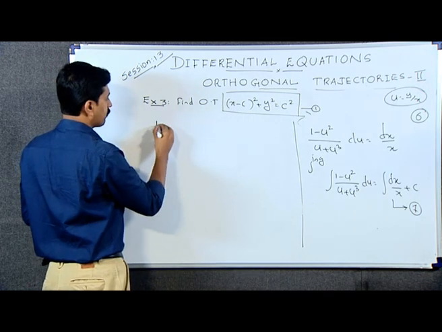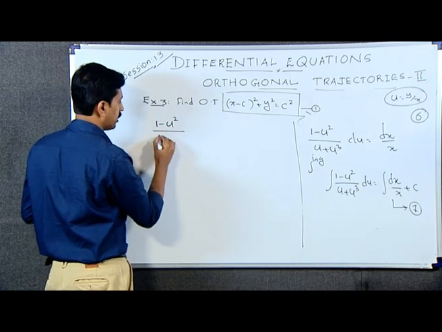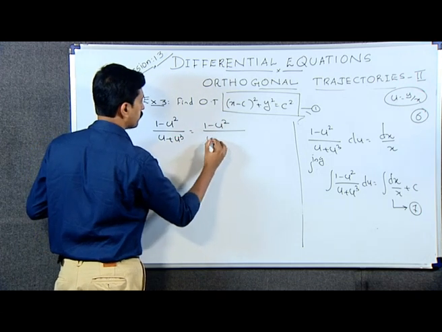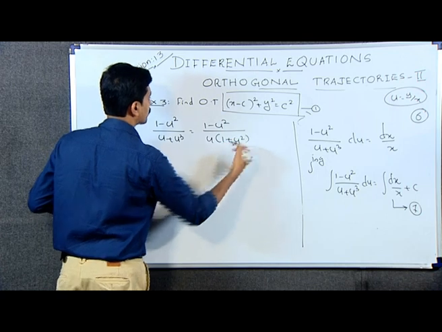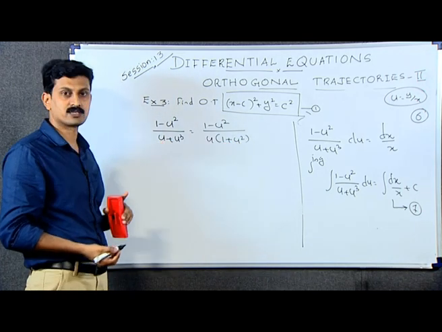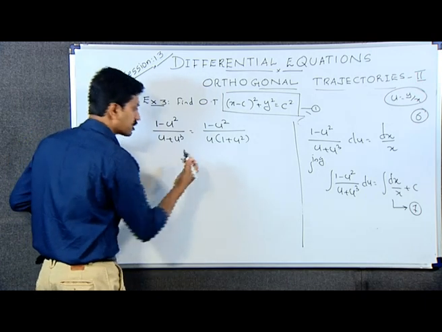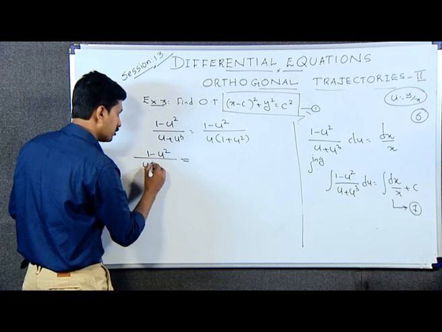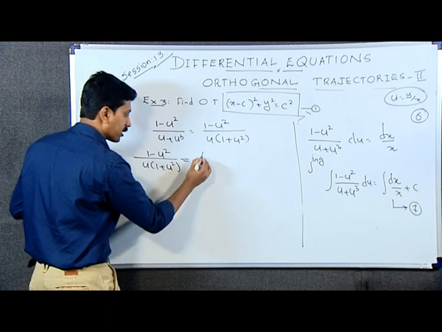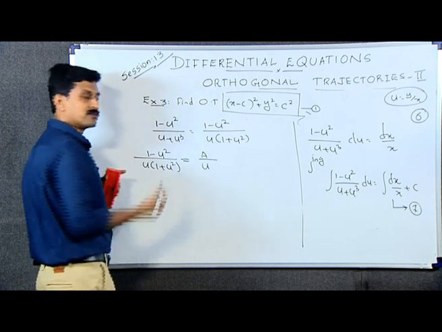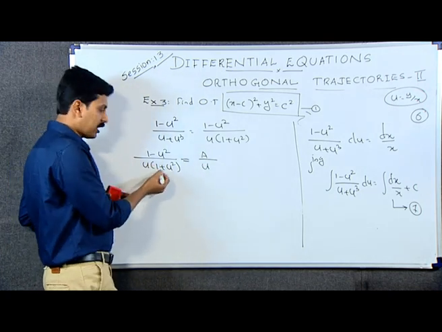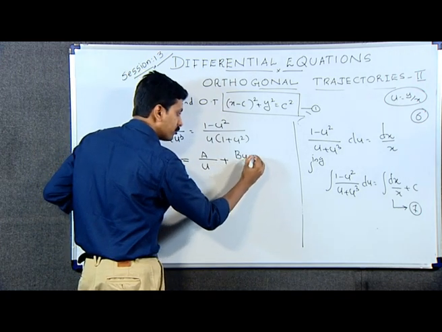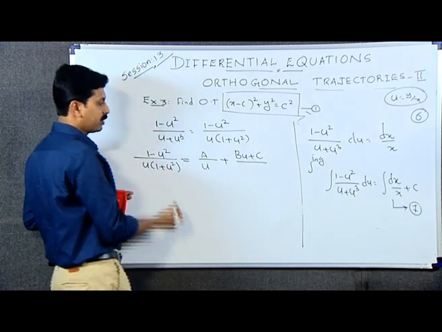So, I am taking 1 minus u square divided by u plus u cube as 1 minus u square divided by u into 1 plus u square, just taking u out. So, we can rewrite this as a divided by u, plus the second part, which is a quadratic polynomial in u, b u plus c divided by 1 plus u square.